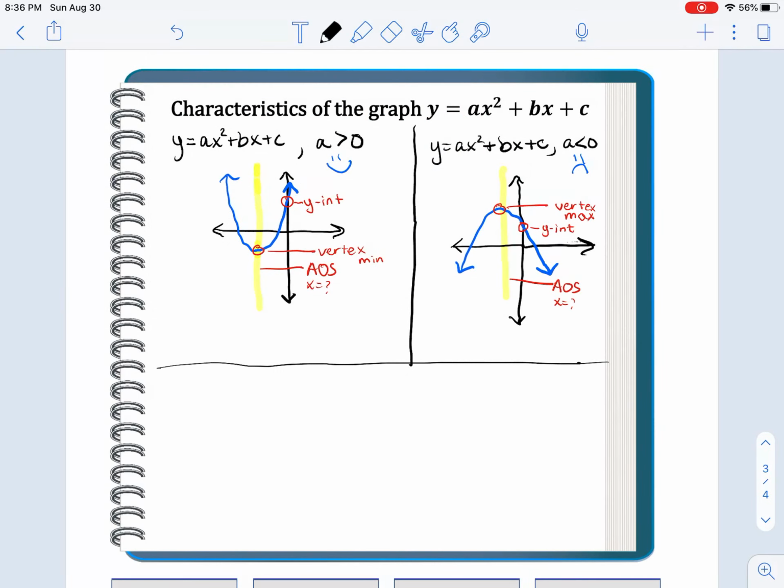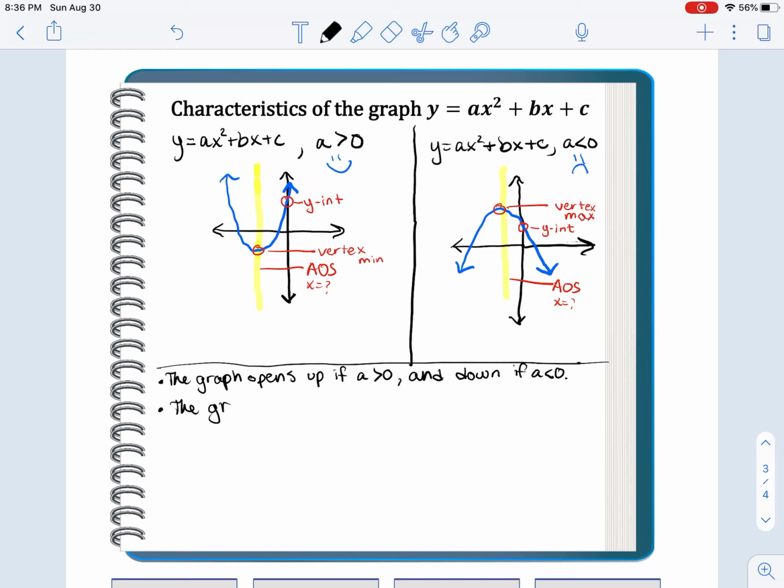So just to summarize in words as well, our characteristics, we say the graph opens up if a is positive and down if a is negative.